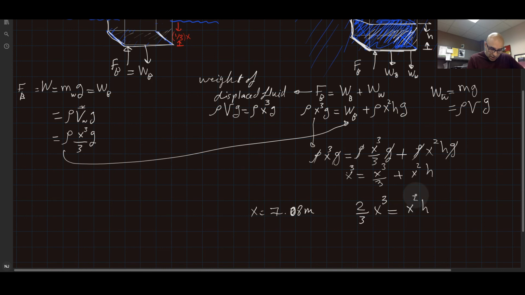Dividing by x squared, basically we have 2 over 3 times x, which is 7.08, equal to h, and that should be the answer. Just use your calculator to find h in meters. And that's it for the problem.